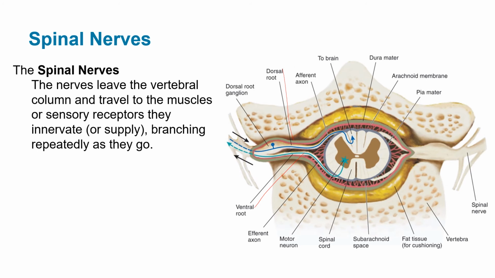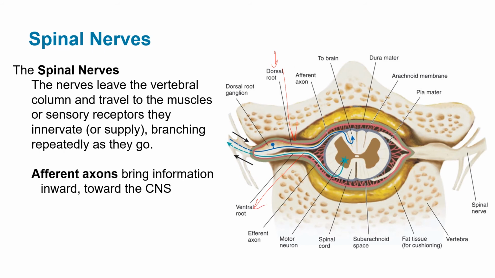The dorsal root up here is responsible for sensory and afferent neurons that take information to the central nervous system. The ventral root is for motor and efferent neurons that take information away from the central nervous system. So this is in a direction to, this is in a direction away.